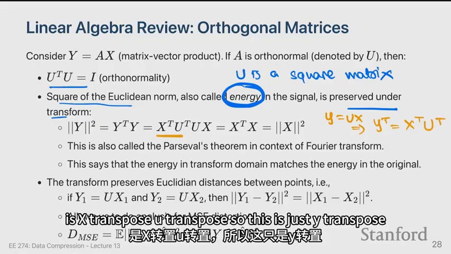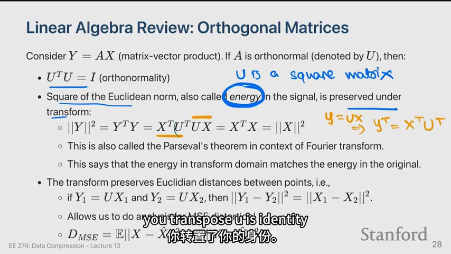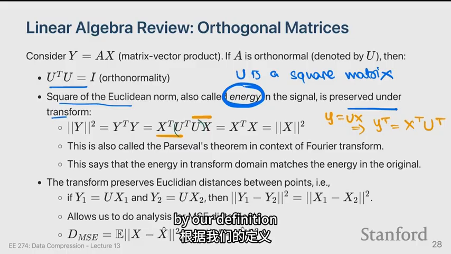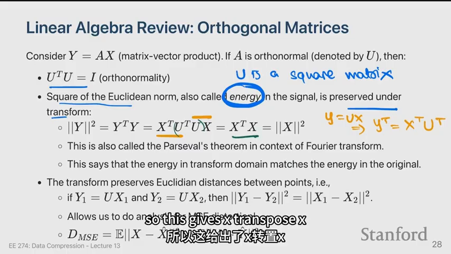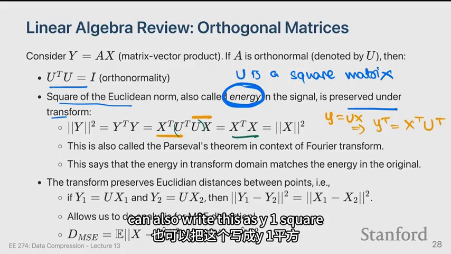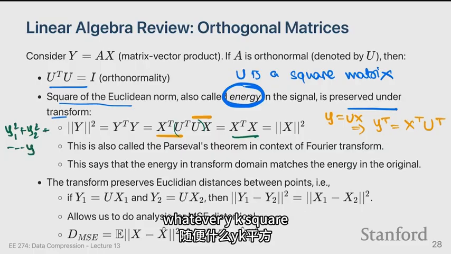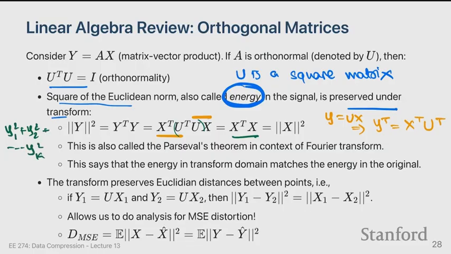So this is y transpose, and this is y. Just definitions, not doing anything fancy. U transpose U is identity by our definition, so this gives x transpose x, which is just norm of x squared. You can also write this as y1 squared plus y2 squared plus dot dot dot up to yk squared.